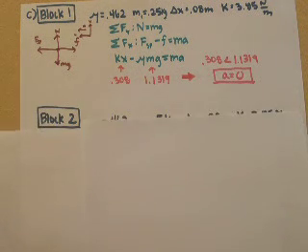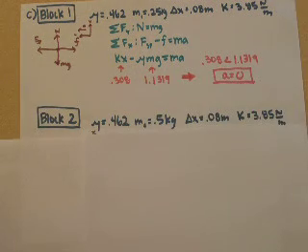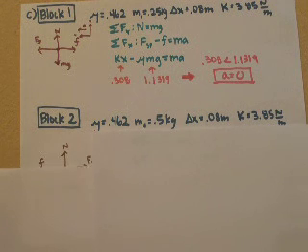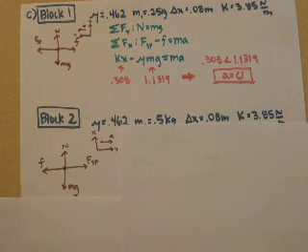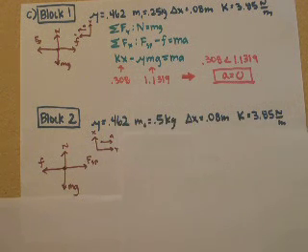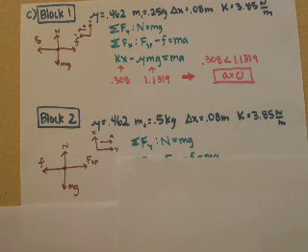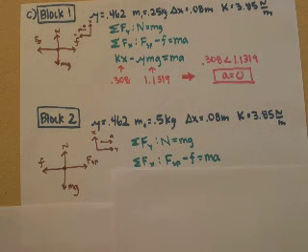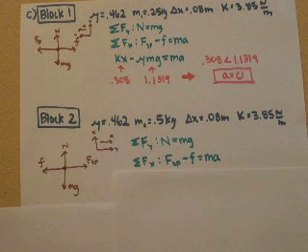And for the second block, we have all of our givens again. Our free body diagram looks pretty much the same as before. So the forces in the y, N equals mg; forces in the x, force of the spring minus friction equals ma.